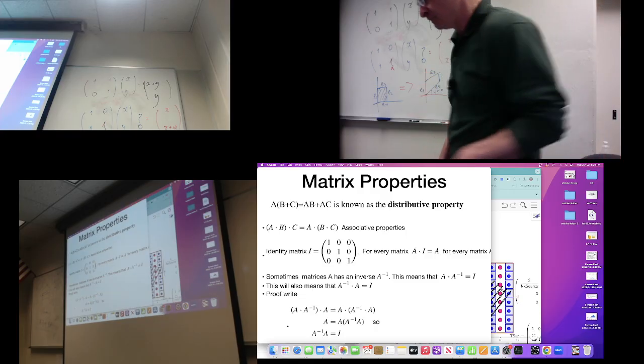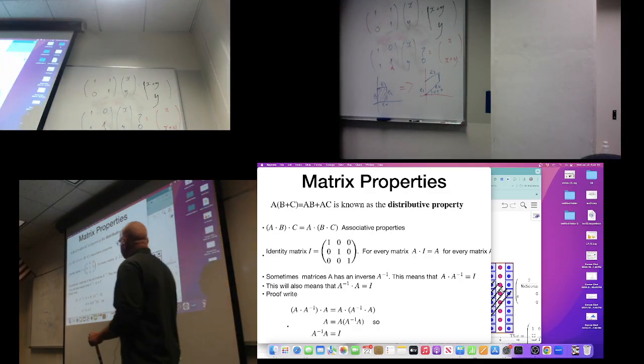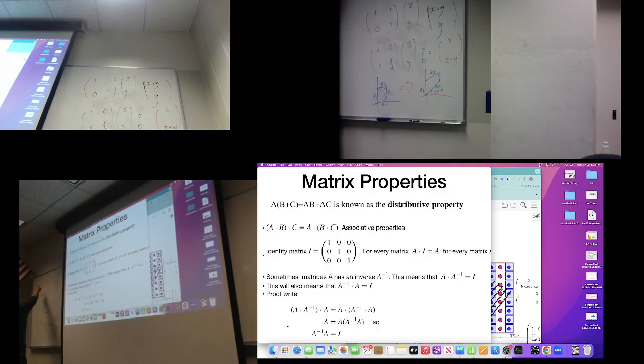For example, what did this guy do? Now this is A. And to remind you, A took a point here, this person over here, and flipped it, not changing the x value, but flipping it upside down.